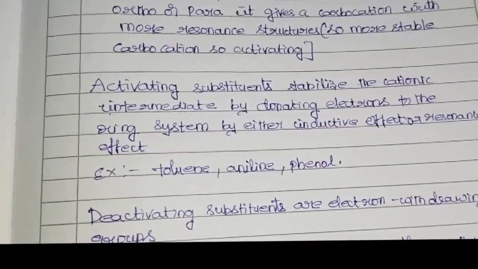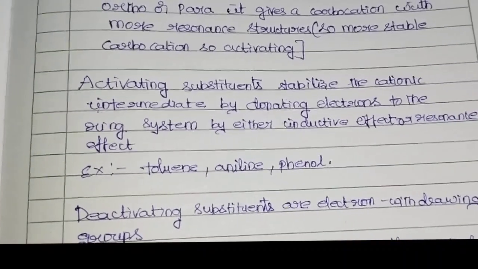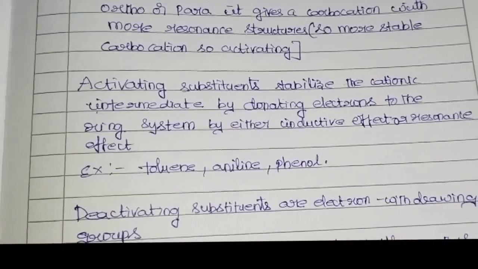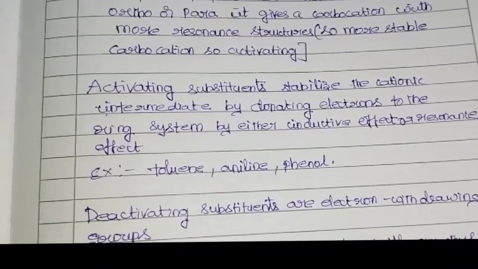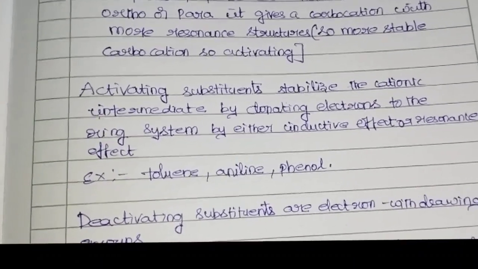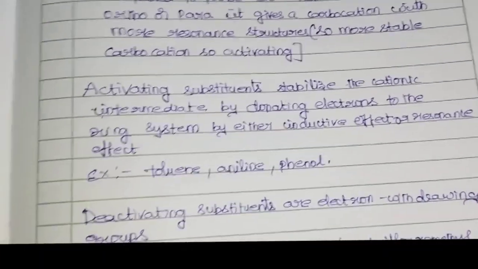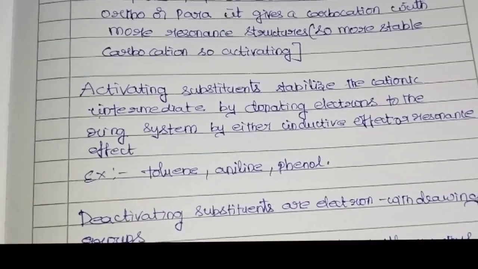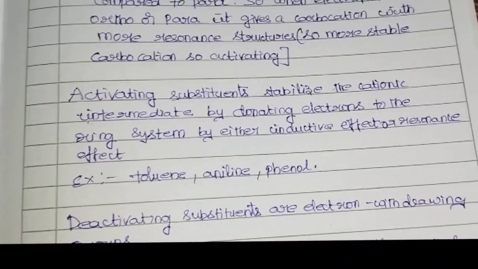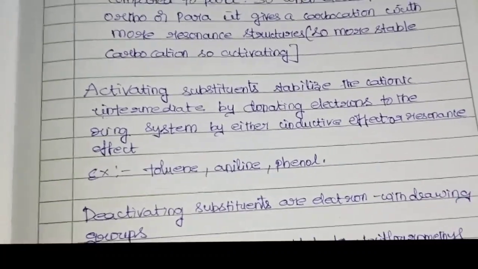Activating substituents stabilize the cationic intermediate. Whatever intermediate is formed, these activating substituents will stabilize it by donating electrons to the ring system, either by inductive effect or resonance effect. That's why they are stable forms.